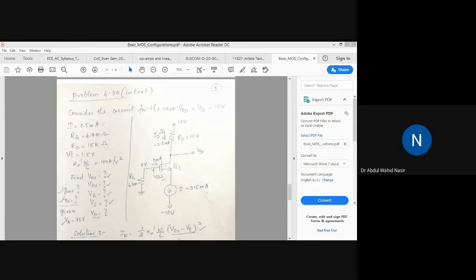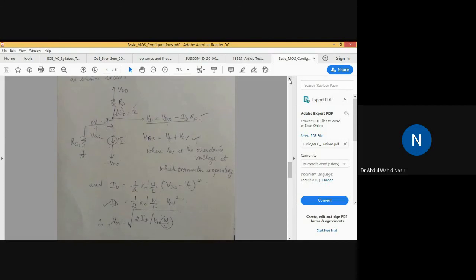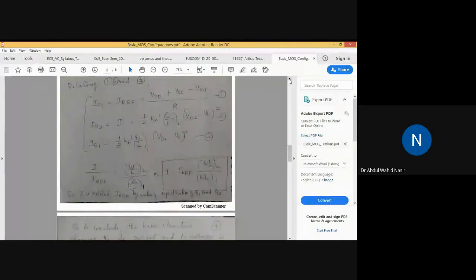Using these you can get the value of I in terms of I reference, and you can choose a suitable I reference by varying R. Once you know I reference, you can get I as I equals I reference into (W/L)2 divided by (W/L)1, that is, I reference into the aspect ratio of transistor 2 divided by the aspect ratio of transistor 1. Clear?